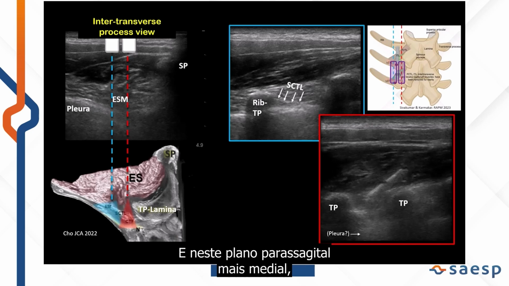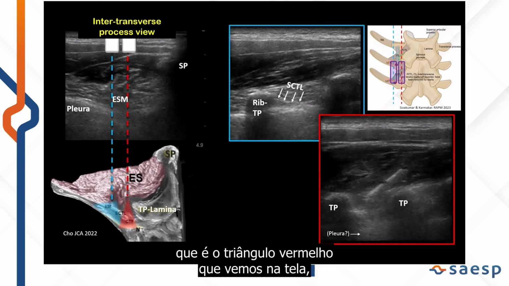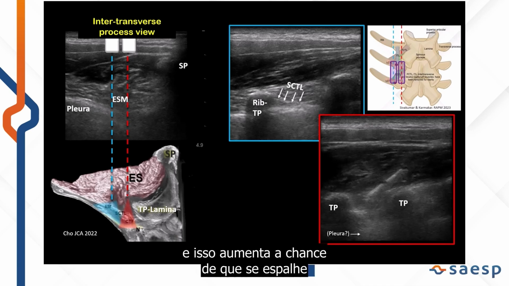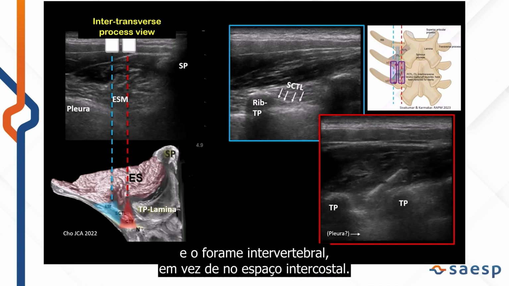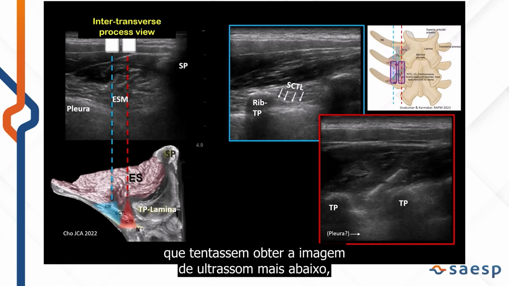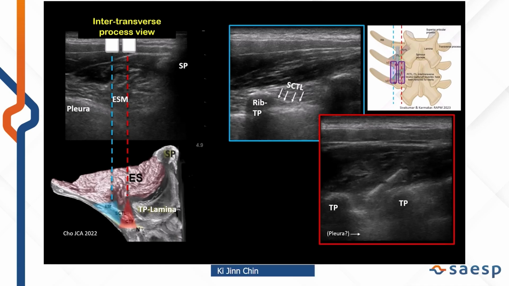And in this more medial parasagittal plane, any injection under the erector spinae muscle, which are the red triangle, you can now see is closer to that medial slit or costotransverse foramen, and this increases the probability that we'll get spread into that proximal paravertebral space and the intervertebral foramen, rather than the intercostal space. So to sum up, I would generally recommend that you should try and obtain the lower ultrasound image that's highlighted in red, rather than the blue one.